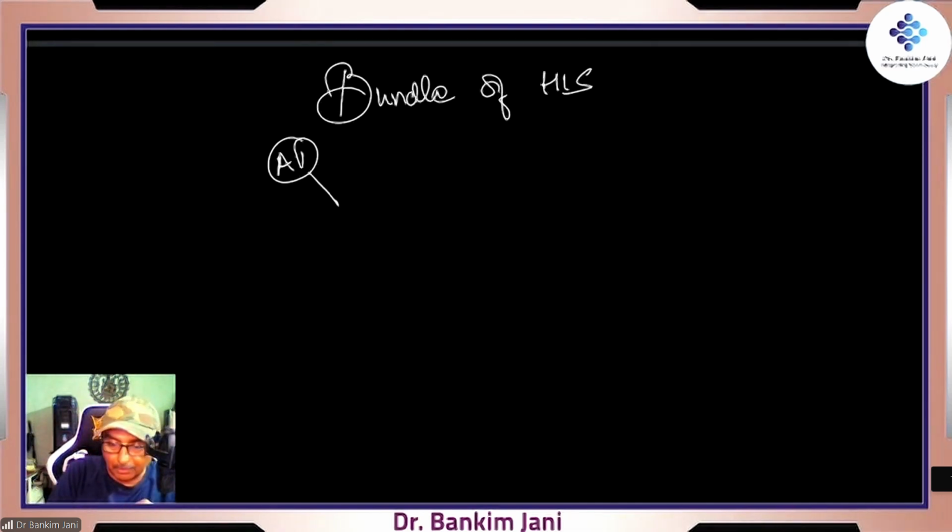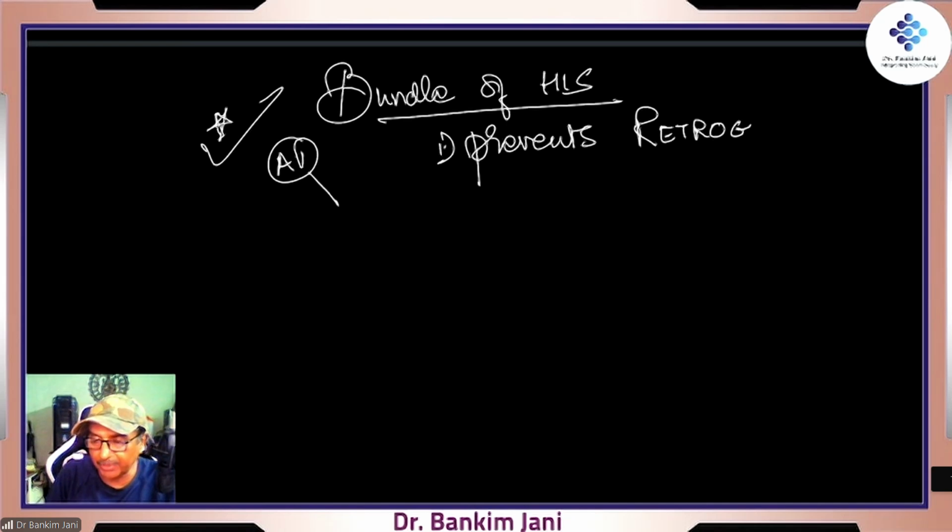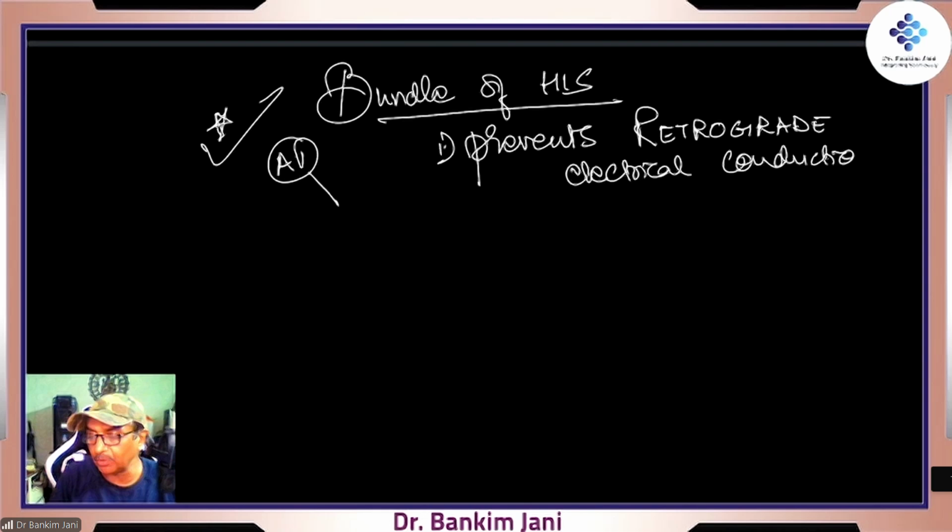If it is asked what is the importance of the bundle of His, there will be several answers, but this one thing: it prevents, see, wonderful mechanism, it prevents, in capital, retrograde. Retrograde means the signal should not go back. So this prevents retrograde electrical conduction, right? Signal won't go back. That is the importance of it.